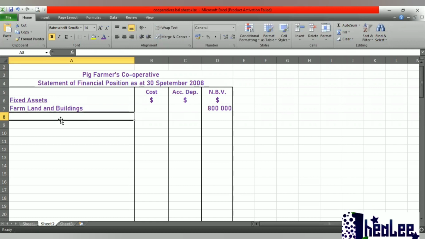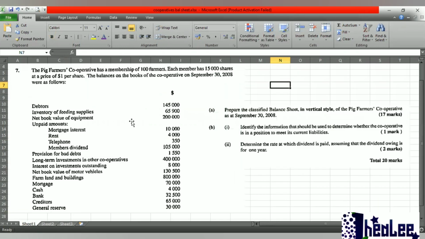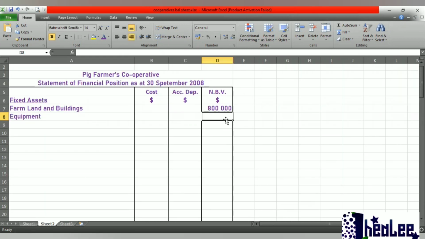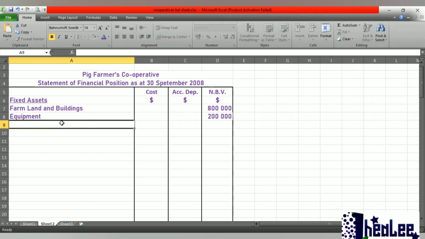We're going to proceed to enter the other item, which is equipment. And the equipment value is $200,000. And the final fixed asset there is the motor vehicles.